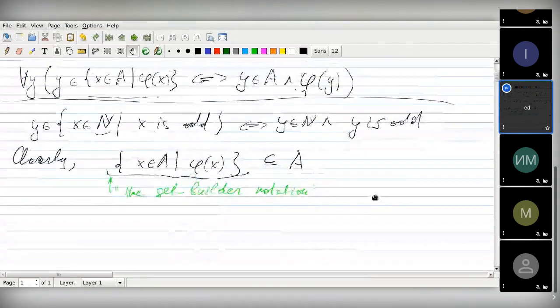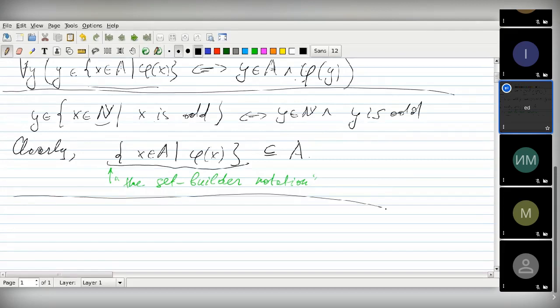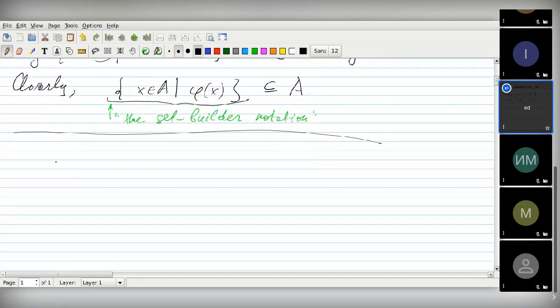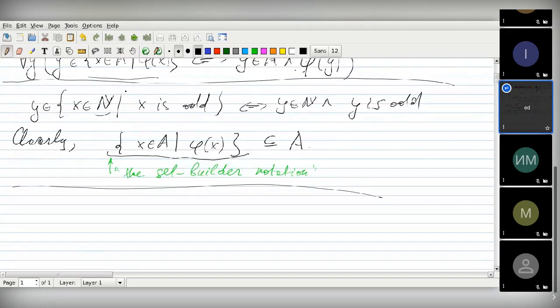And now, using this principle, that we may construct a subset in every given set with whatever property, we may explore the following possibility. What if our property is contradictory?